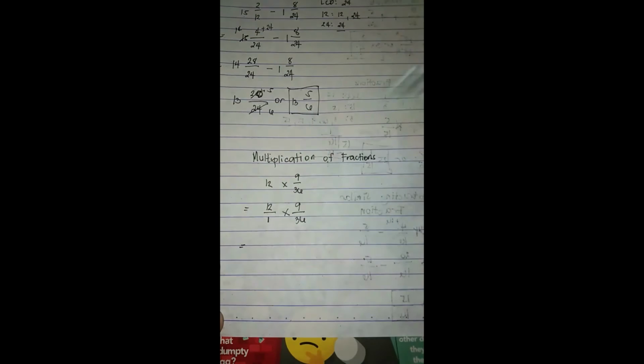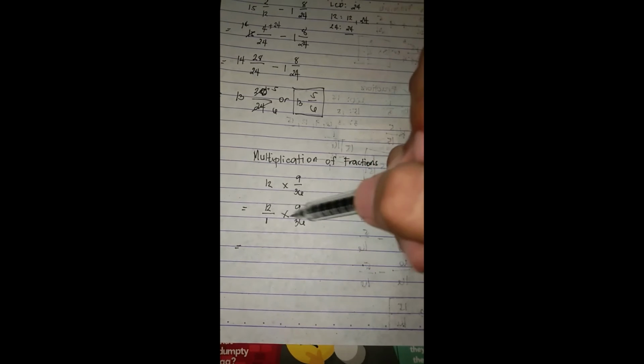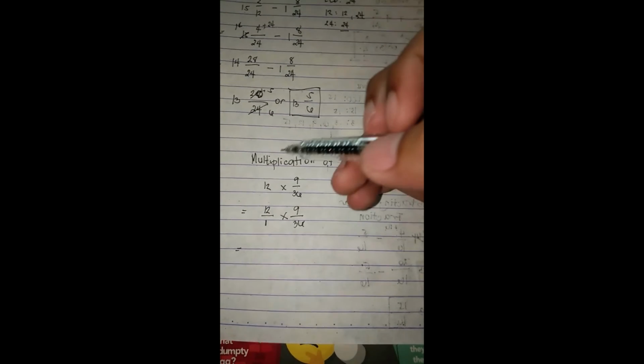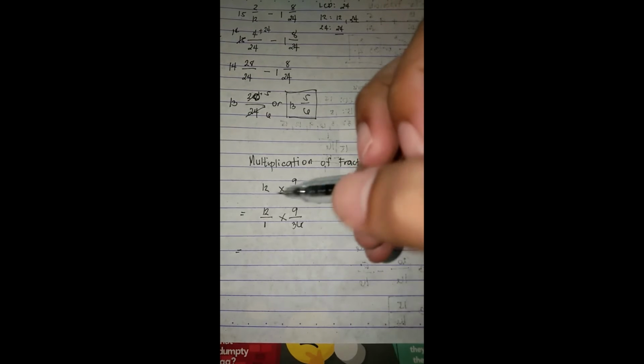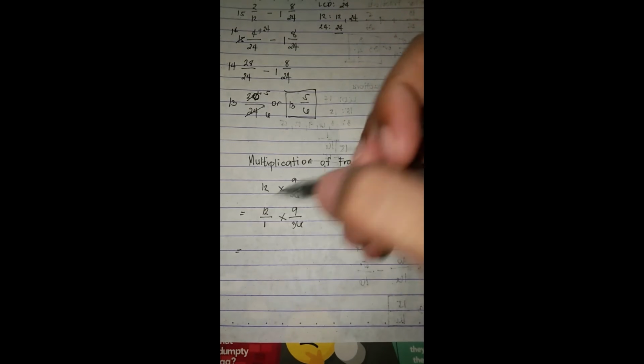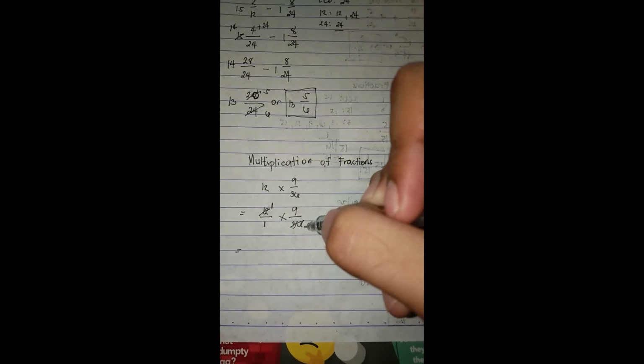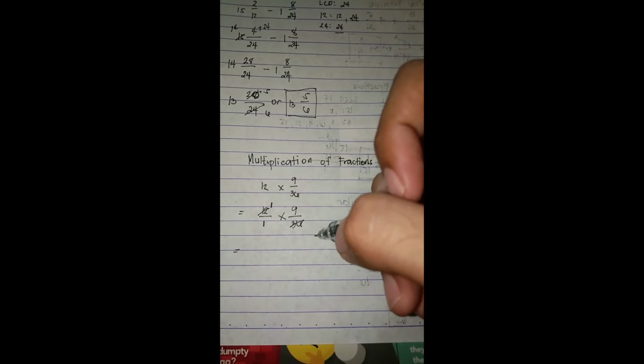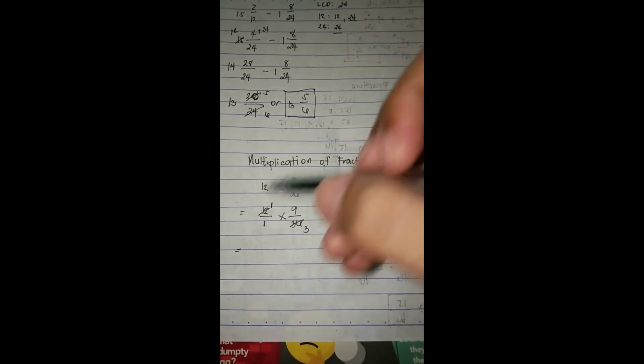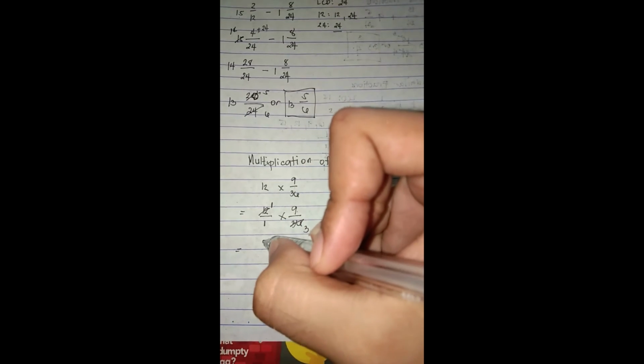So, next, apply the cancellation method. So, i-apply natin si cancellation method. So, 12 and 36. So, pwede natin siyang ma-divide into number 12. So, 12 divide 12, we have here 1. 36 divide 12, we have here 3. So, 1 times 9 is equals to 9.